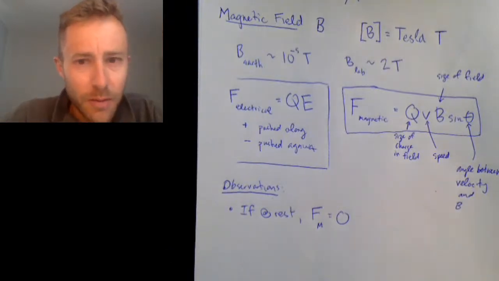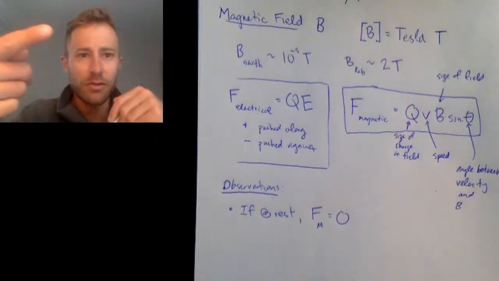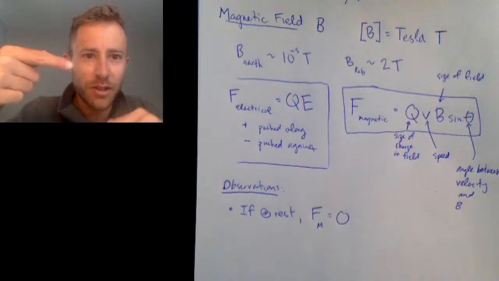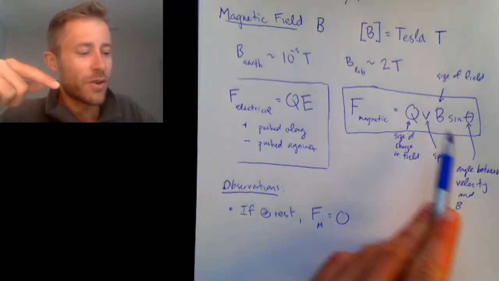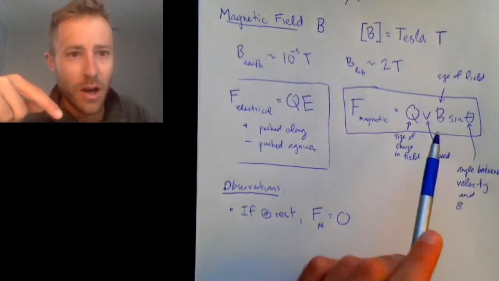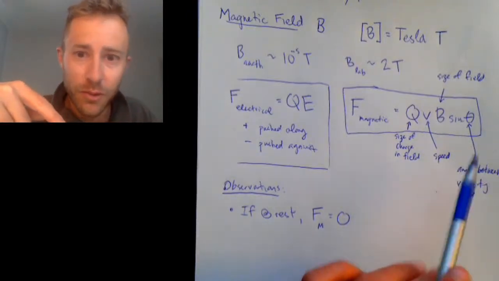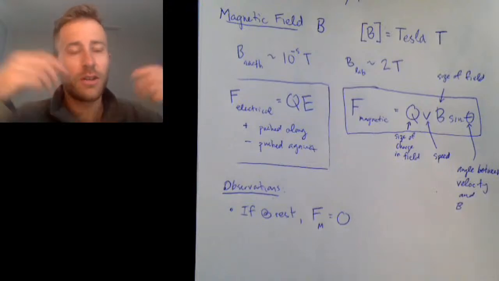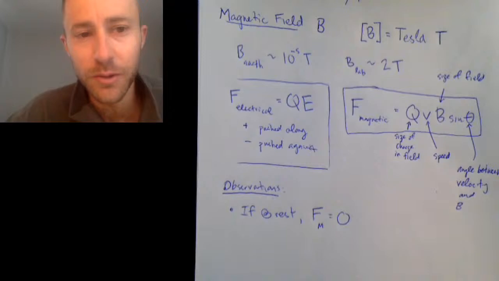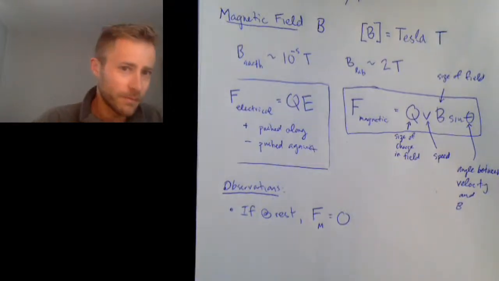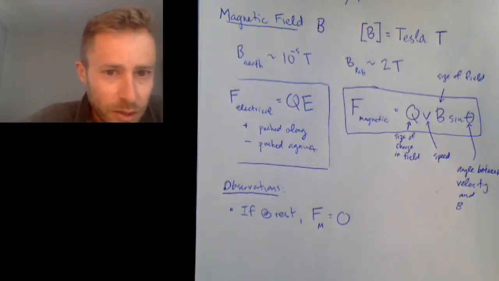In materials that are not magnetic, basically for every electron going one direction, you have an electron going the opposite direction, and so you change the direction of the velocity and you change the sign of the force, and so those forces cancel out, and there's no net magnetic force on the material, even though the individual electrons are being pulled. So that's kind of interesting.